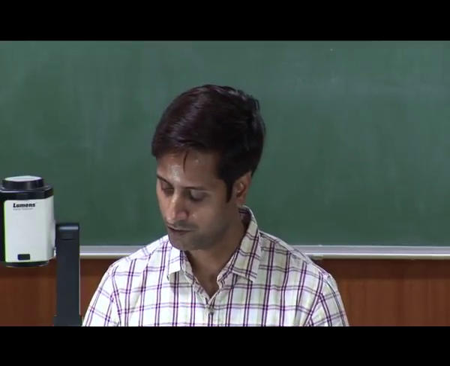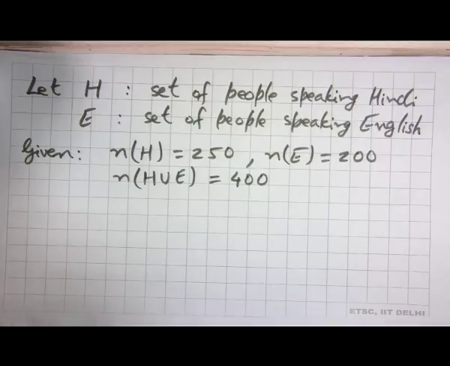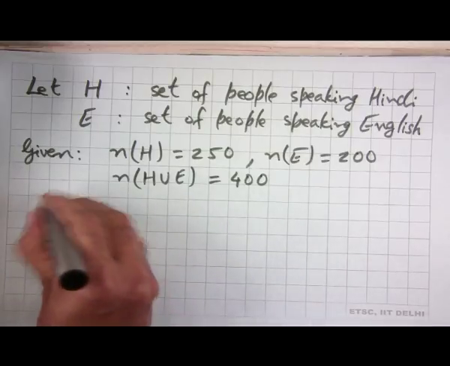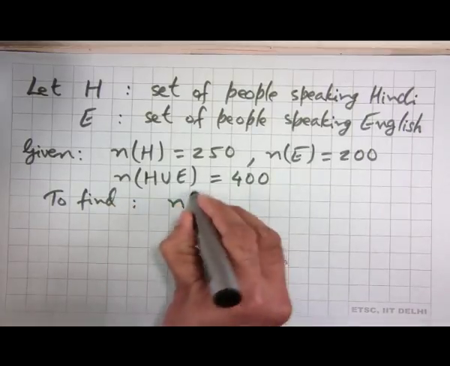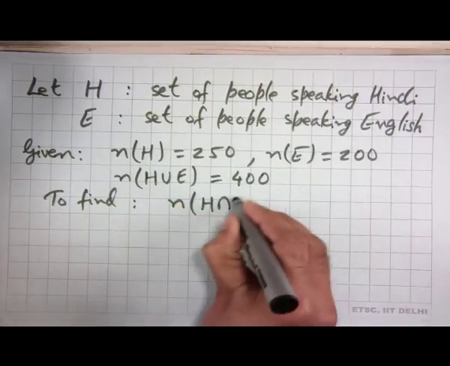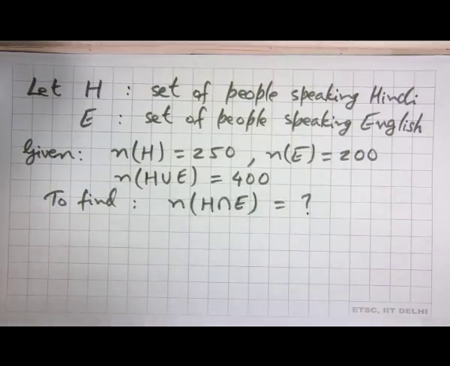This is given to be 400. And what do we want to find? What is n of H intersected with E? How many people speak both Hindi and English?